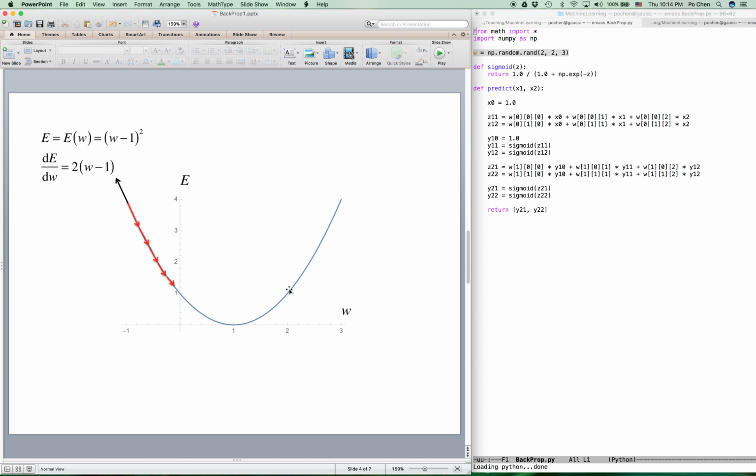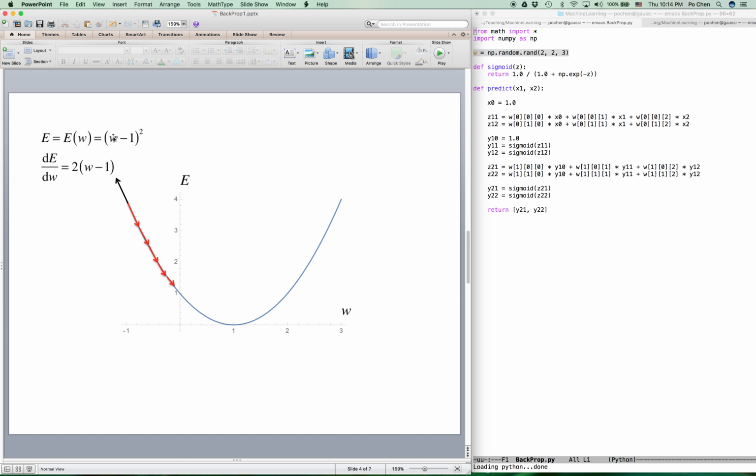So the vertical axis is E, the error. The horizontal axis is our single weight W, just one weight for us, right? And this curve actually has its minimum located at W equals 1, right? When W equals 1, E equals 0.